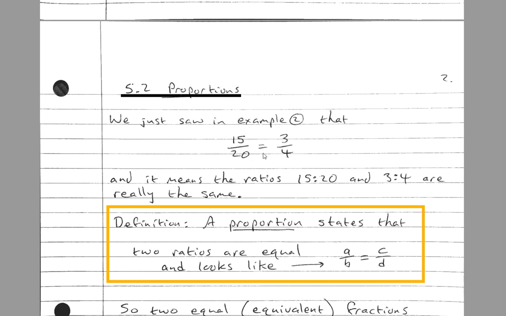So we have these two equivalent fractions. If you simplify 15 over 20 to lowest terms, that's 3 over 4. In terms of our ratios, you can say that the ratio 15 to 20 is really the same as the ratio 3 to 4.